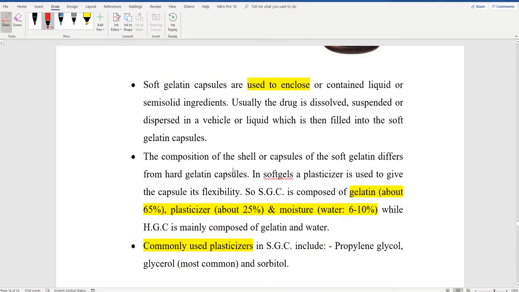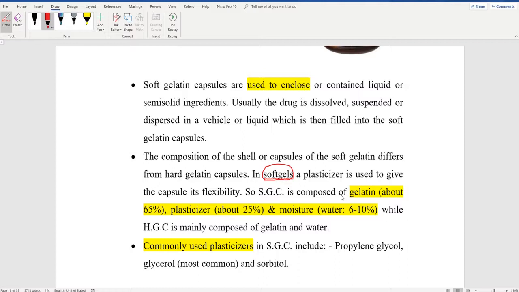The other thing I want to talk about, now you will see a big difference, is the nature of the soft gel shell. What is it? Okay, if you remember the hard gelatin capsules, the most important thing is that it contains gelatin and water. Okay, gelatin and water.